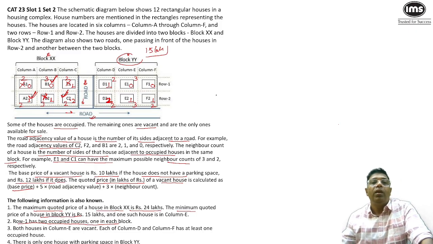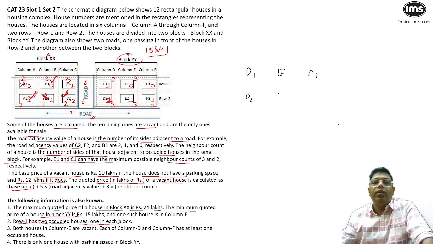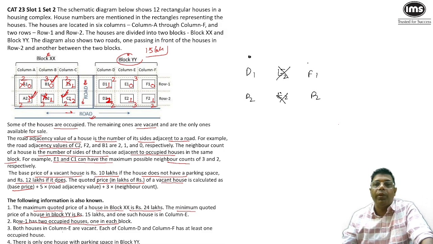Now let's talk about D1, E1 and F1, D2, E2 and F2. Now it also talks about some more information, like both houses in column E are vacant. So these 2 houses are vacant. And column D and column F have at least 1 occupied house. So maybe out of D1, D2, either 1 is occupied or both of them are occupied.